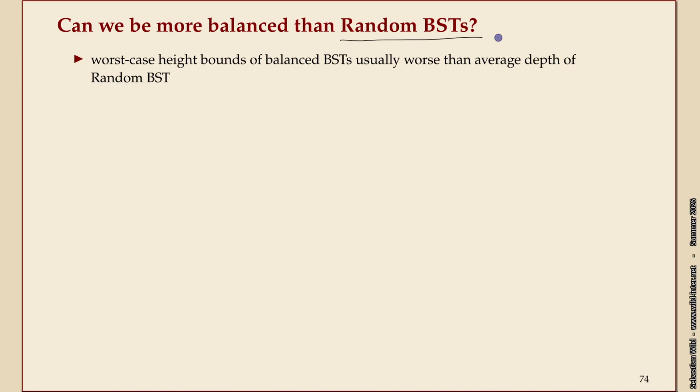I mentioned this as an open problem. Nobody could prove that this is the exact expected value, but empirically it seems confirmed that they do very well. So maybe it's possible, but we wanted to escape these hard invariants on the shape.